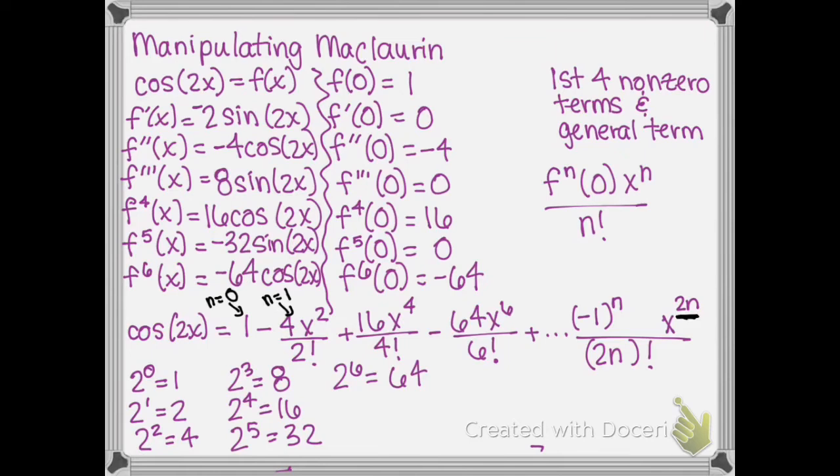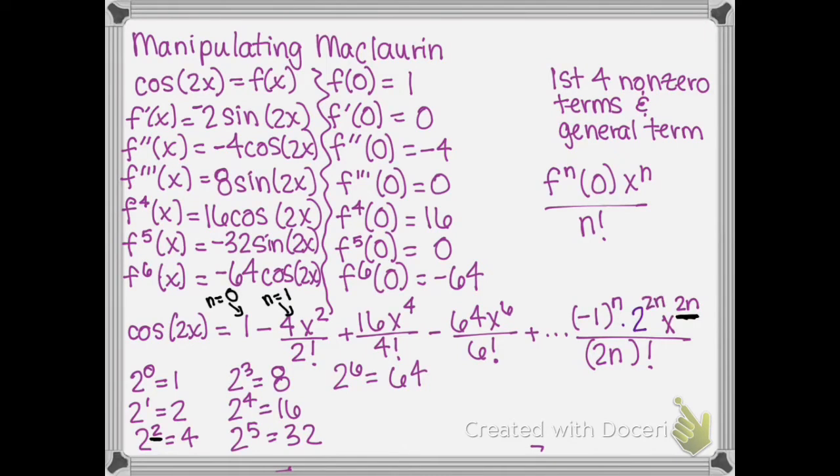So this is the n equals 1 term. So what do we have here? We have 2 to the 2n power also, because 2 squared is going to give us 4. So here in our general term, I believe we're going to have 2 to the 2n power.